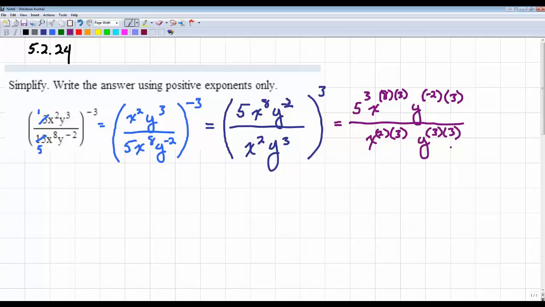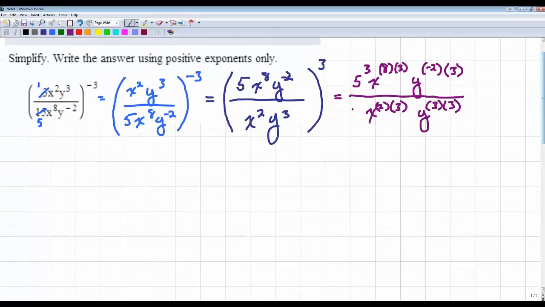Then we'll multiply the exponents, which will be the last thing we do before we start to divide out. And that's going to give me 125, that's the 5 cubed. The x to the eighth times 3 becomes x to the 24th power.